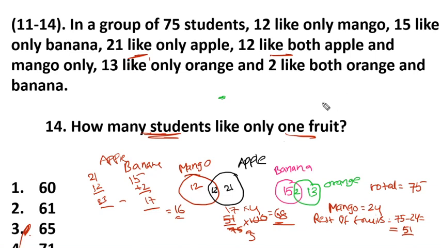So only mango are 12, only apple are 21, only banana is 15, and only orange is 13. 21 plus 12, 33. 33 plus 15, 48. 48 plus 13, 61. So our answer is option number 2, 61. Okay, then let's go for the next question.